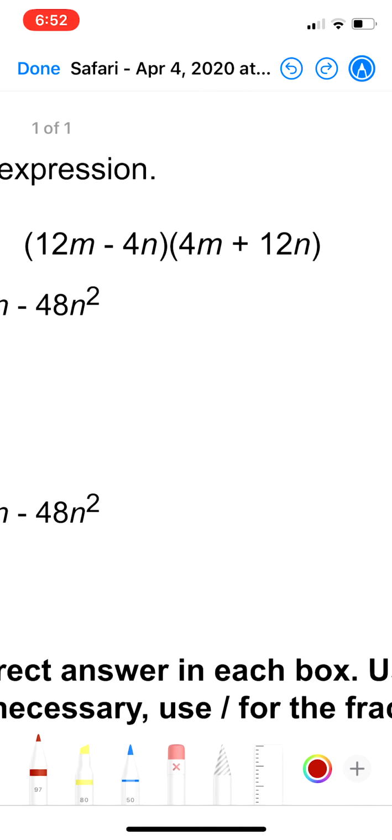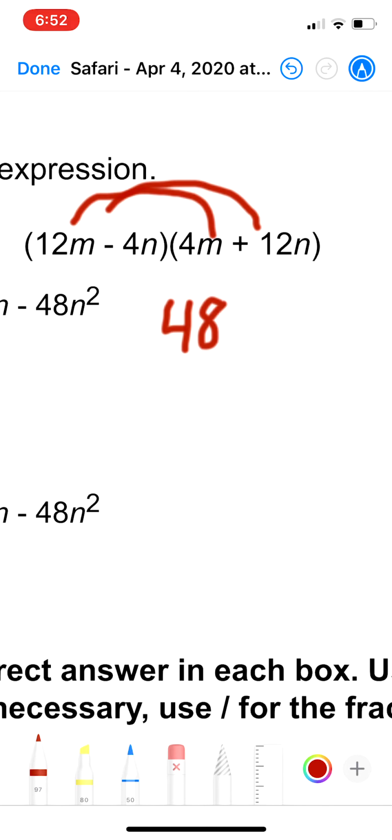So you're going to take the first term in the first quantity, which is 12m, and multiply it with both terms in the second quantity. So you have 12m times 4m, so 12 times 4, you multiply the big numbers, which is 48, and you keep the base. If it's the same, you add the exponent. So m times m is m to the second.